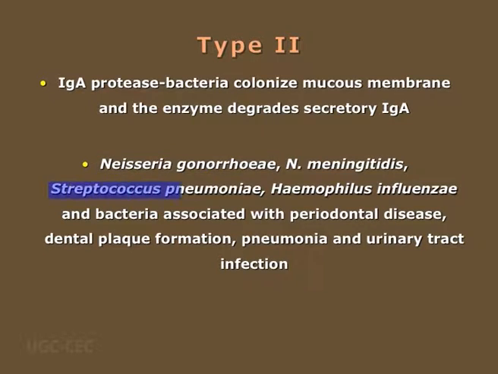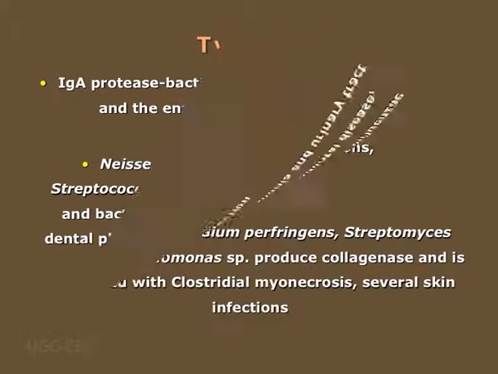The protease can cut this IgA, and so it can evade the host immune mechanism meant to destroy it, and correspondingly it can spread its own infection. Organisms like Neisseria and Streptococcus can produce these types of IgA proteases and can lead to pathological conditions like periodontal diseases, dental plaque formation, even urinary tract infection.